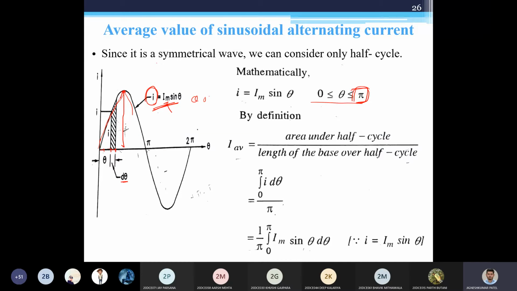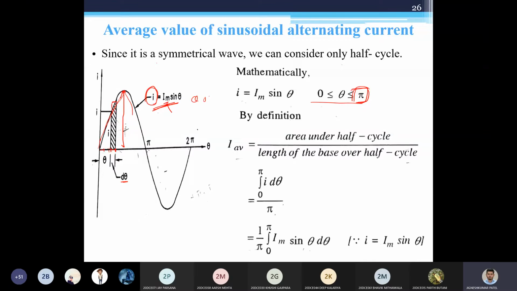So I'm only considering this block. Why am I considering only this block? If I take this sine wave, it would be very difficult to find the area because the shape is not rectangular. So I'm going to take a part of this. If the part is very small, it would be a rectangle.